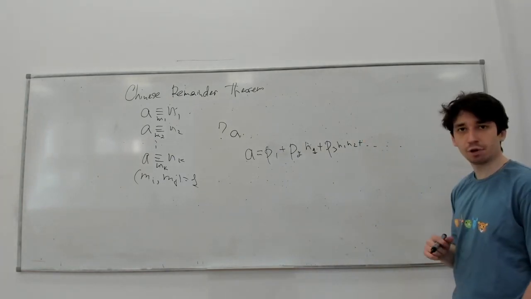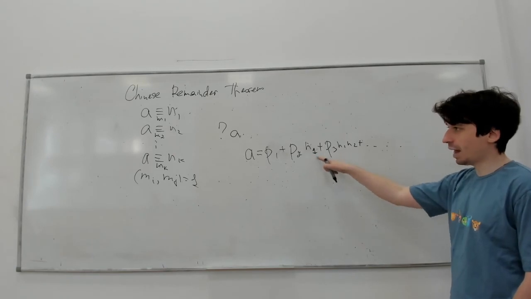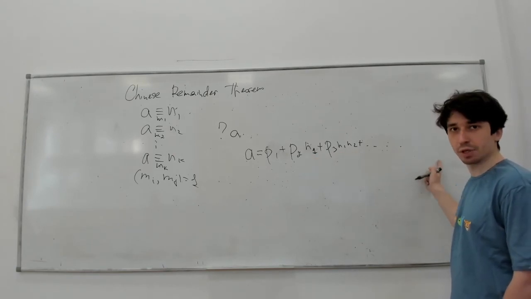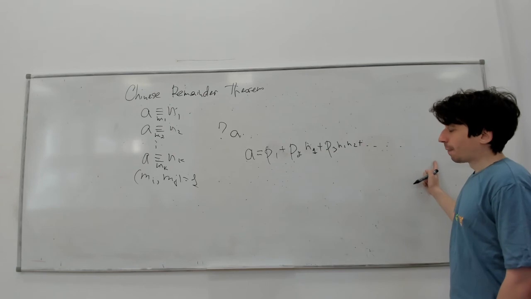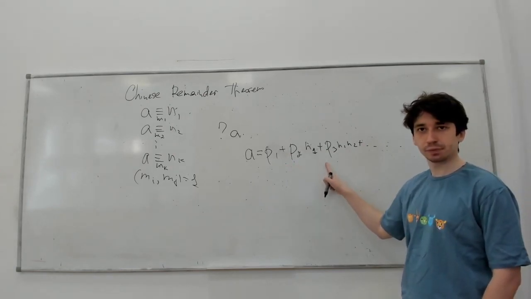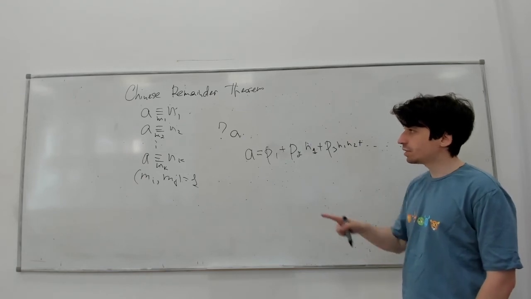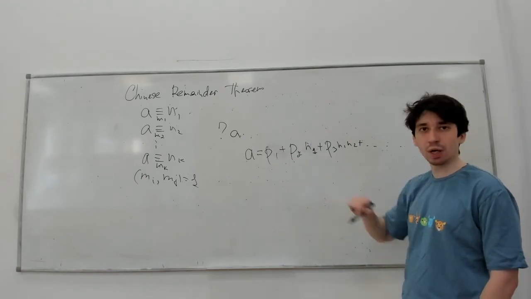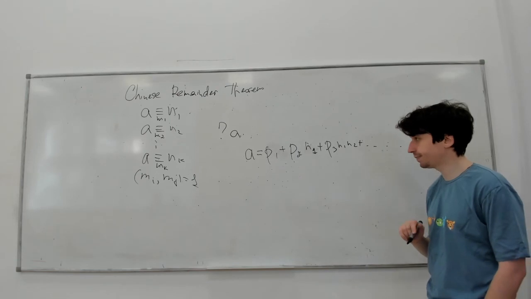So the idea is the following: you multiply the moduli one by one until the end, and then the question is to find these P values here. Okay, can you tell me what should be P1? Any ideas?